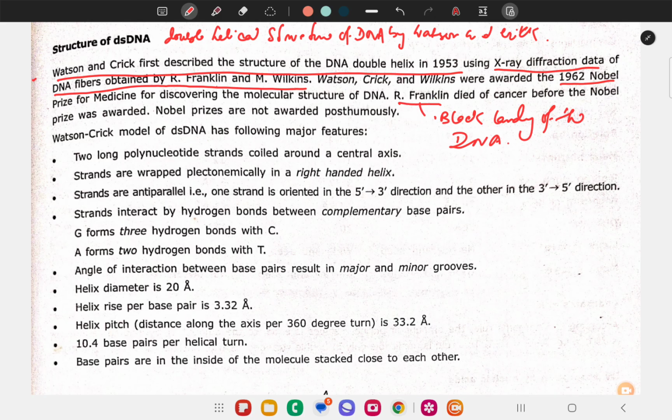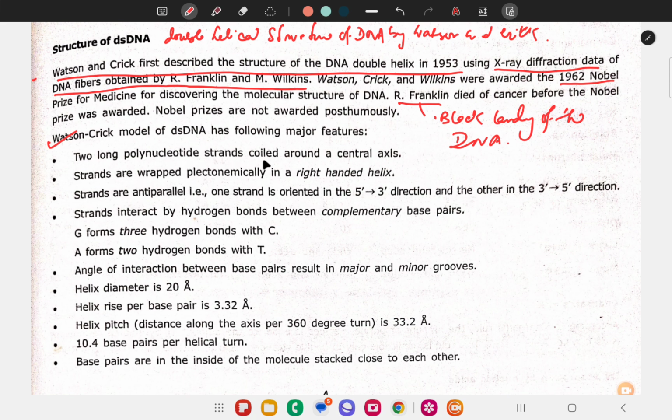Rosalind Franklin died before 1962, so she did not get the Nobel Prize, but it was given to Watson, Crick, and Wilkins.